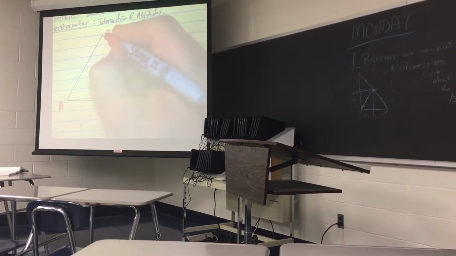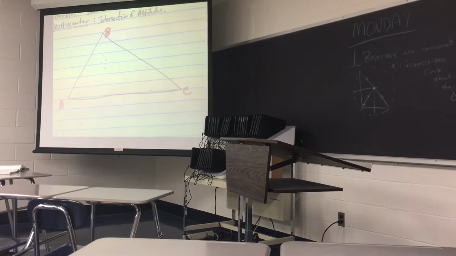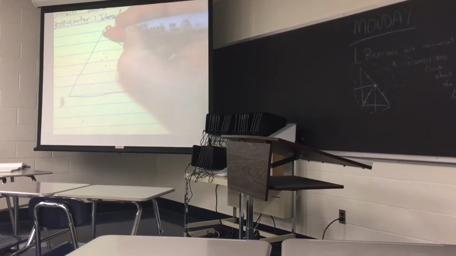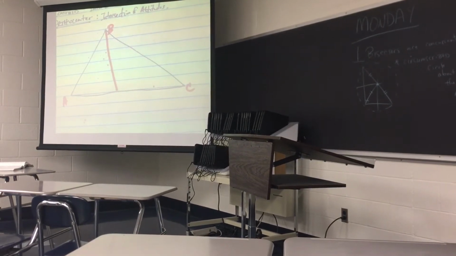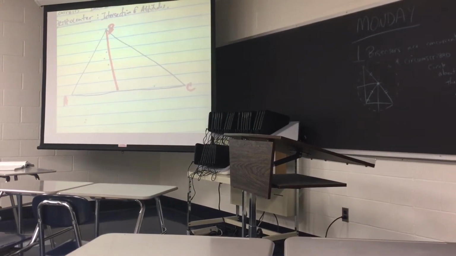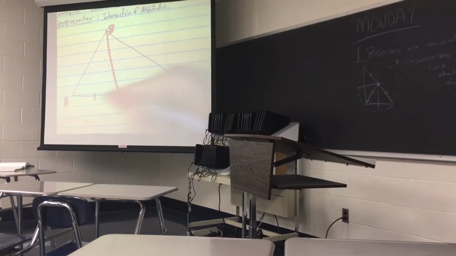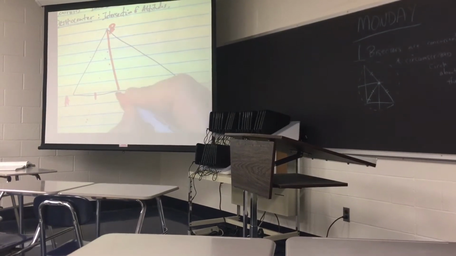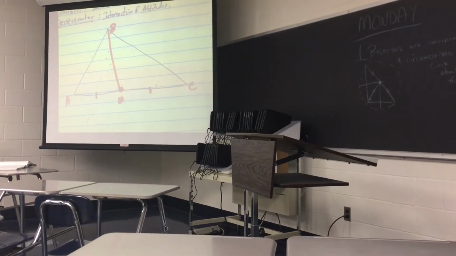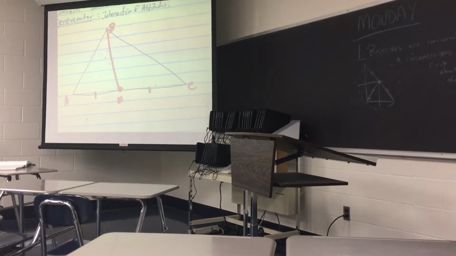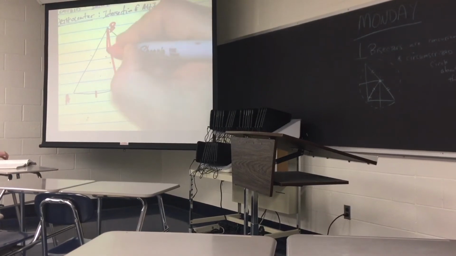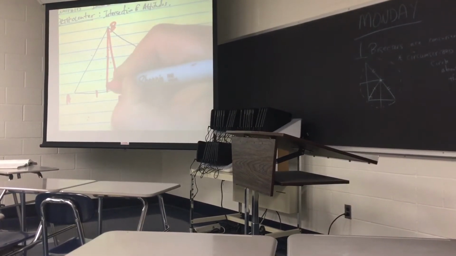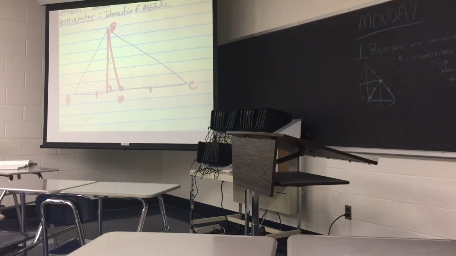So I have A, B, and C. The median from B goes to the midpoint of the opposite side. Oh, that wasn't very good, was it? It's gonna have to do, because I did it in the marker. So that's the midpoint. Everyone see that? The altitude from the same spot is just the perpendicular. There's the altitude.